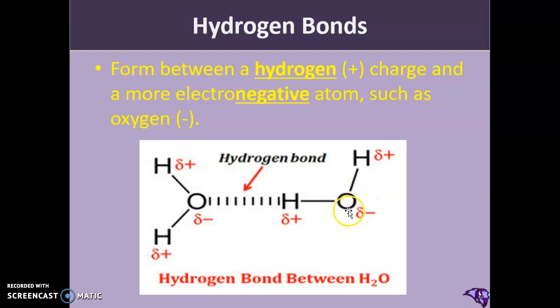All this means is that the electrons spend more time around the oxygen in this bond than the hydrogen. So the oxygen is more negatively charged, the hydrogen is more positively charged. That attraction, the positive of one atom and the negative of another atom, holds these two molecules of water together. That hydrogen bond can be broken, hence why we get different states of matter. So solids to liquids to gas has to do with this hydrogen bond weakening and then breaking, forming a gas.